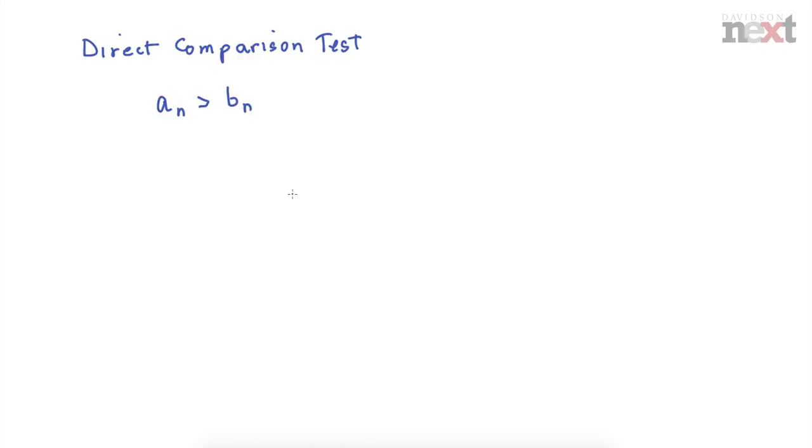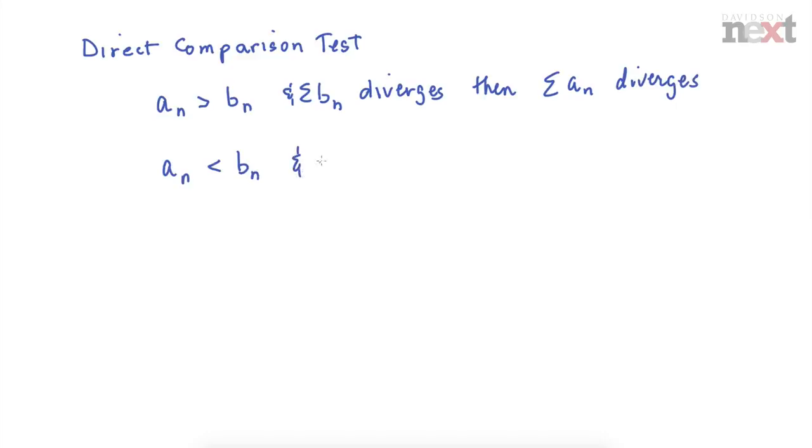So if our terms are bigger than the terms of another series and that other series diverges, then our series will diverge. And likewise, if our terms are smaller than the terms of a convergent series, then our series will converge.